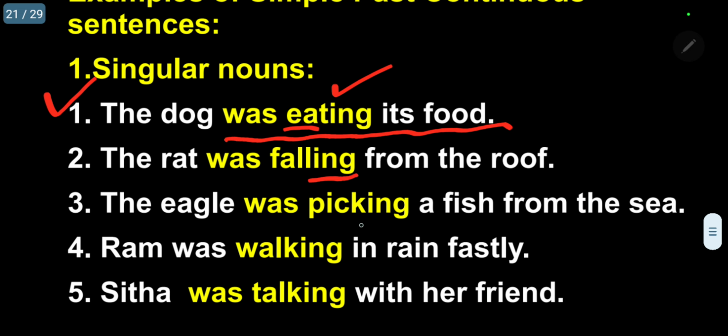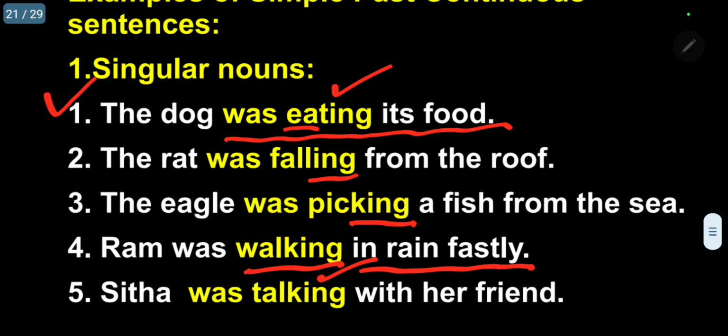Eagle was speaking. This is an exceptional case. I already informed you, K, so I am using that. Eagle was picking a fish from the sea. The Ram was walking in rain fastly. ING I am adding. Sita was talking with her friend. Talking, ING. So in all the cases, past tense followed by present continuous form I am adding.